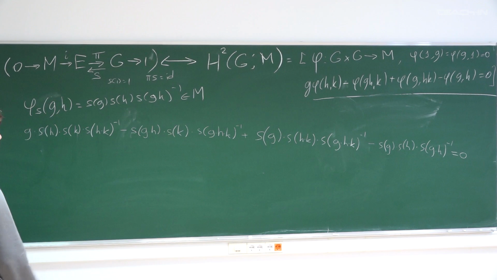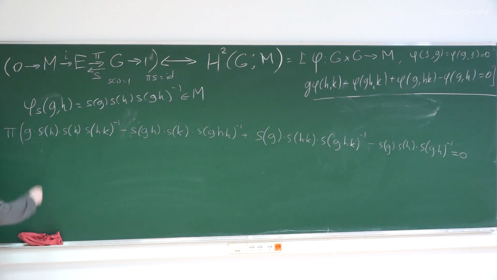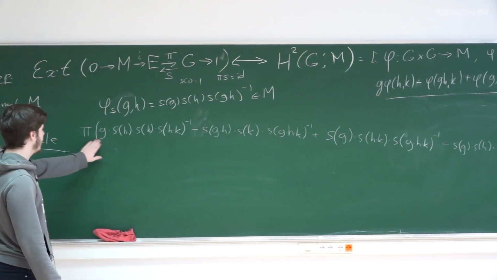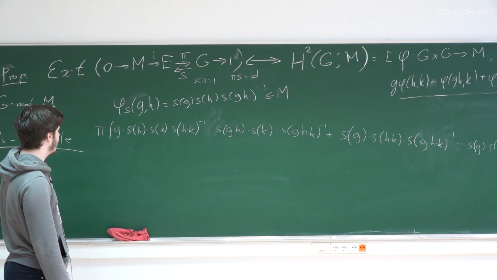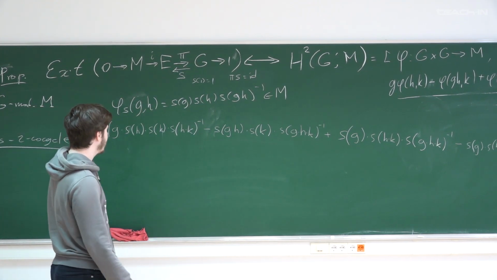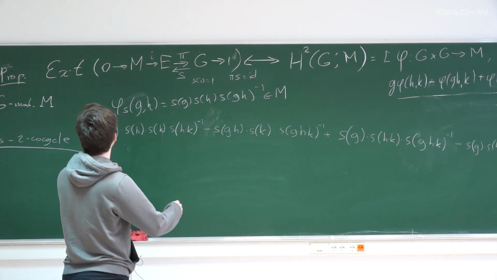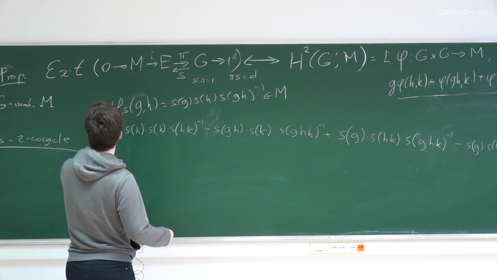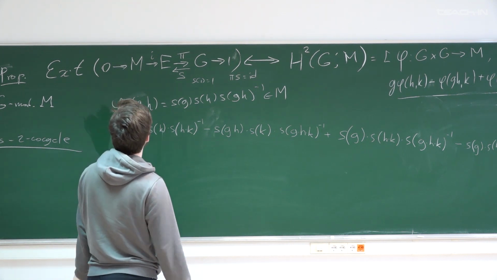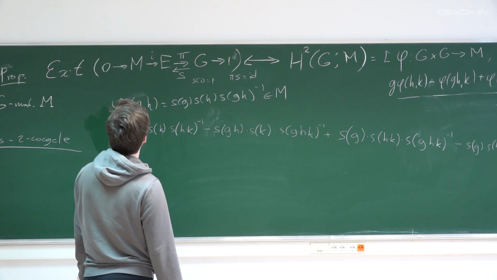We need to check that this is 0. I guess we need to apply π. I think if you apply π, you obtain 0 because it's in M. But π is very bad here.